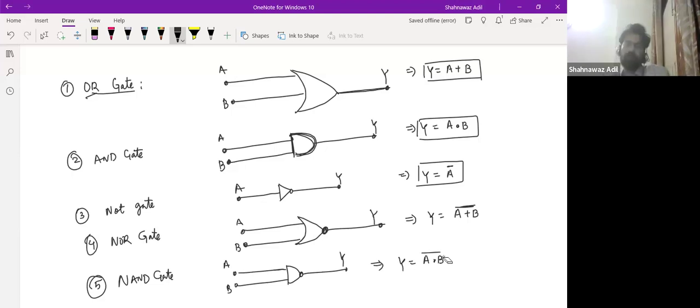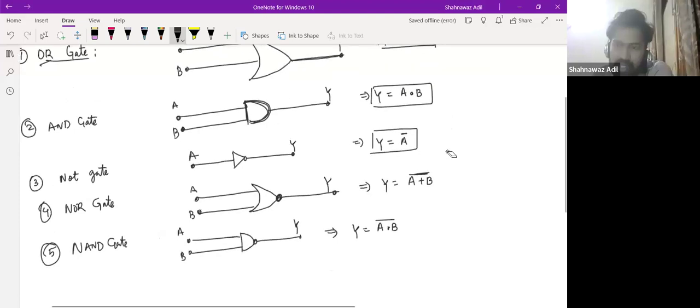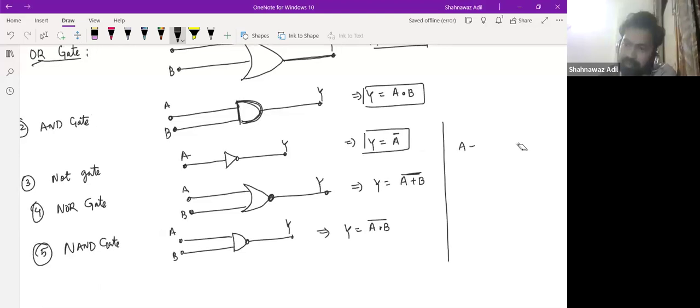So here comes De Morgan's theorem. What does De Morgan's theorem say? That if you have A plus B whole bar, it equals A bar into B bar. And if you have A into B whole bar, you can write it as A bar plus B bar.